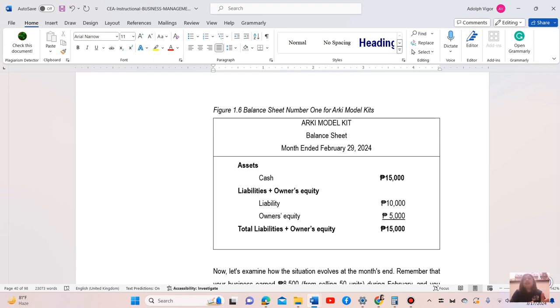For your liabilities plus owner's equity, you have a liability, the money you borrowed, amounting to 10,000 from your parents, and you have your own savings, which you invested as the owner's equity of 5,000. So the total liabilities plus owner's equity is 15,000, equal to your assets. It should be balanced.